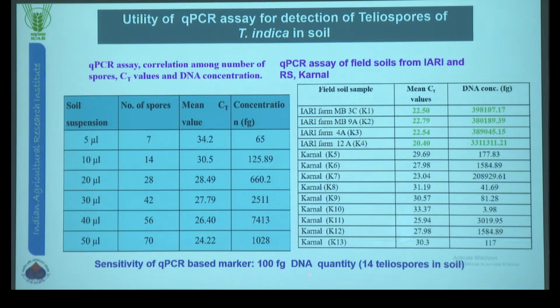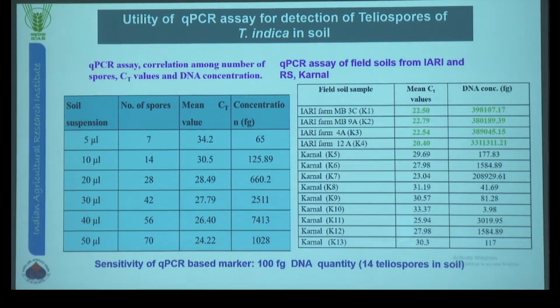If the DNA quantity during quantification is 100 femtogram, it means it contains 14 teliospores in soil. We designed many experiments, and only then identified how many teliospores can be detected in the minimum soil. So, if a quantity of 100 femtogram is coming, then we can say there are 14 teliospores in the soil.